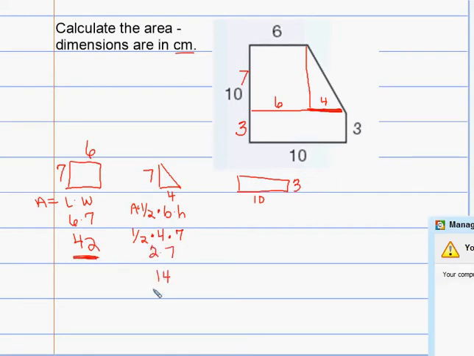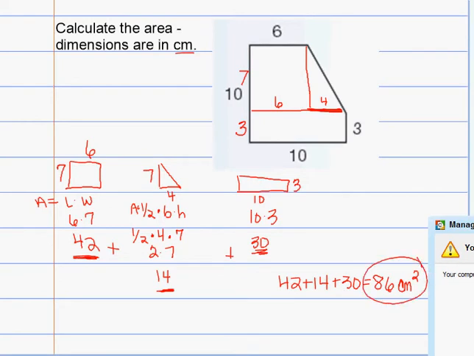So I have 42 and 14. And then over here I would have 10 times 3, which is 30. And again, I need to add them all up. So I have 42 plus 14 plus 30, which is going to be 40, 50, 60, 70, 86 centimeters squared.